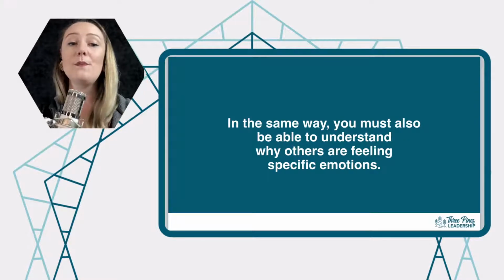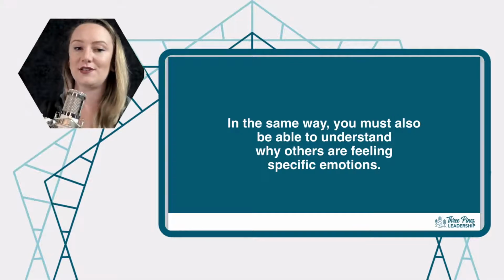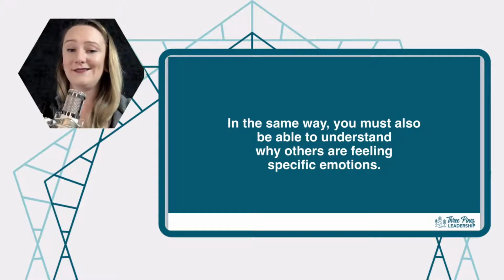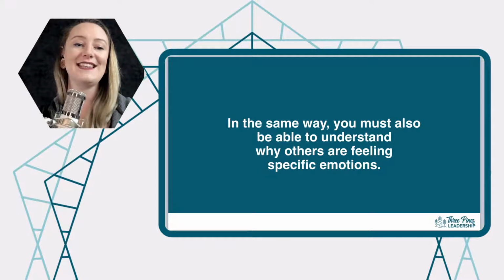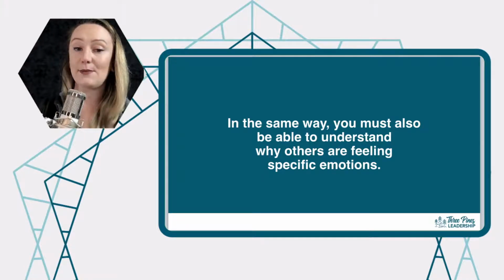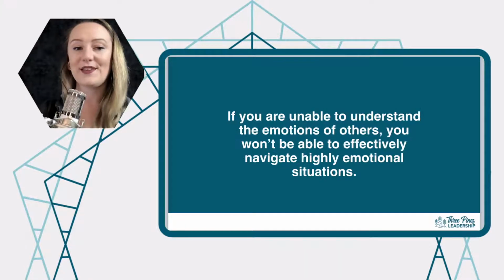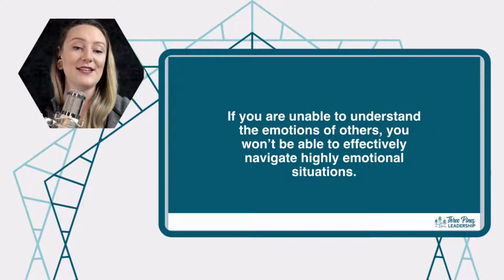In the same way, you must also be able to understand why others are feeling specific emotions. This skill, often called emotional IQ, allows you to see things through the eyes of others. It enables you to put yourself in someone else's shoes and experience the same emotions that they are. If you are unable to understand the emotions of others, you won't be able to effectively navigate highly emotional situations.